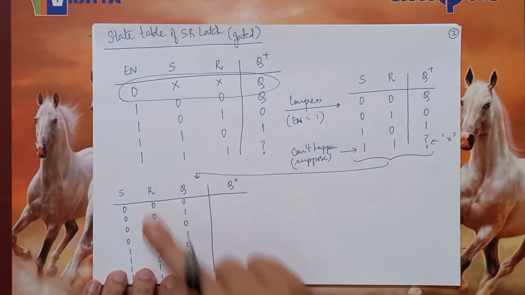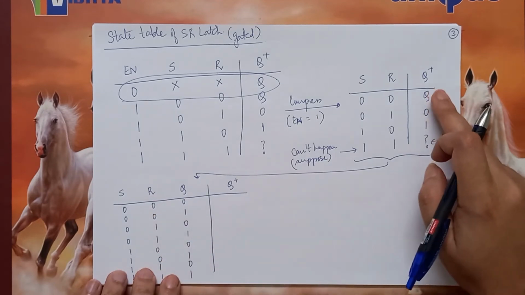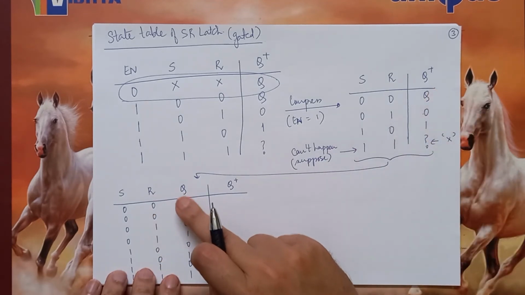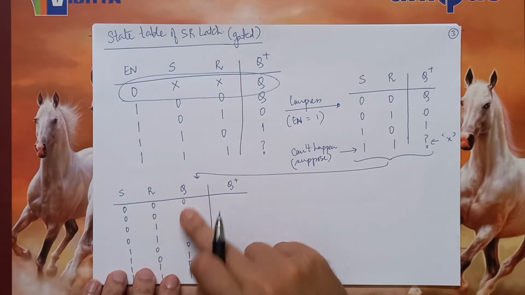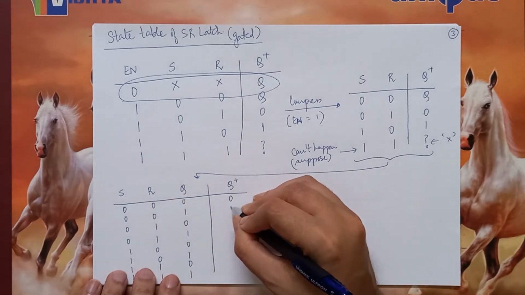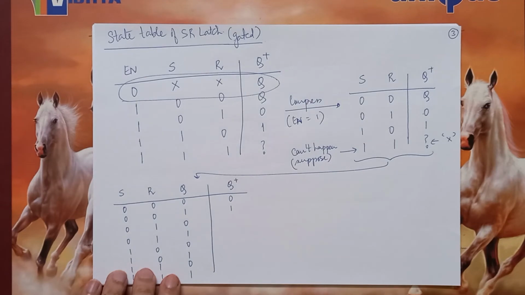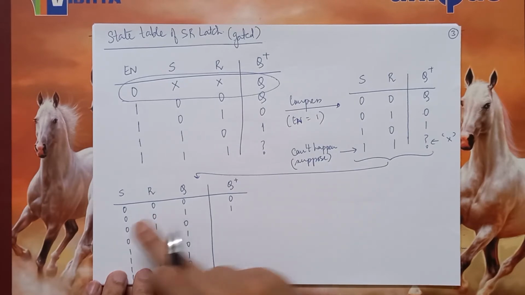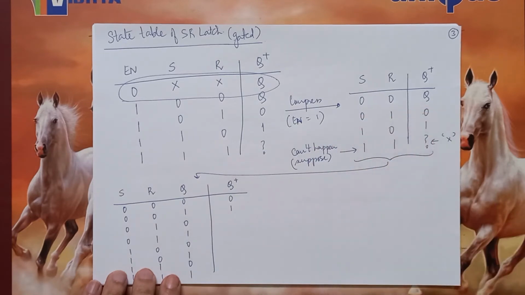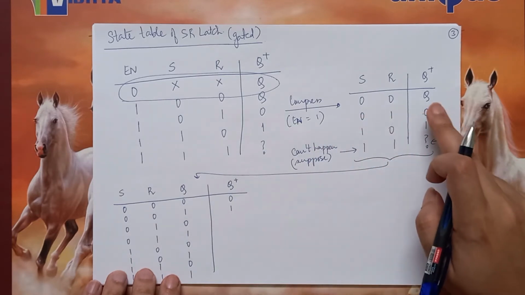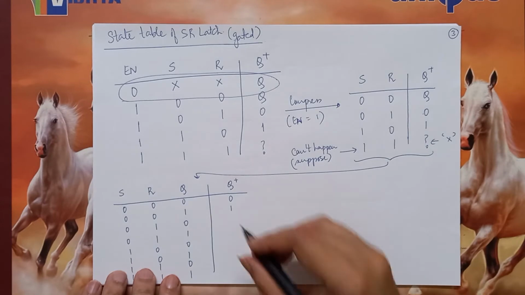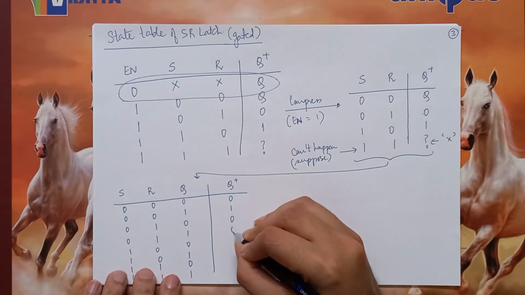Now when S and R are 0 and 0, we know that Q plus will be equal to Q. So here for 0, 0, Q is 0, 1. So even Q plus will be 0, 1. Now when S and R are 0, 1, no matter what the value of Q is, Q plus will always be 0, just like a combinational circuit.